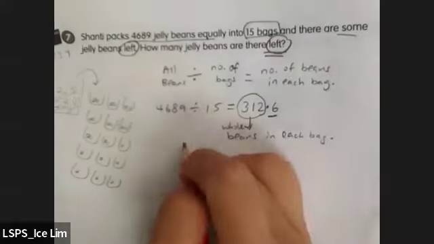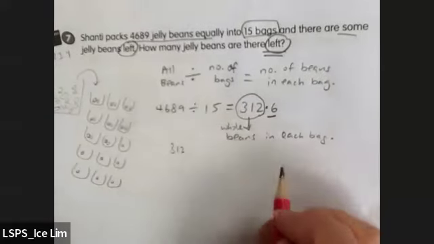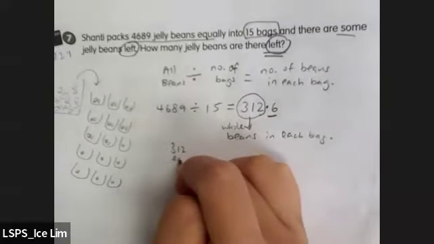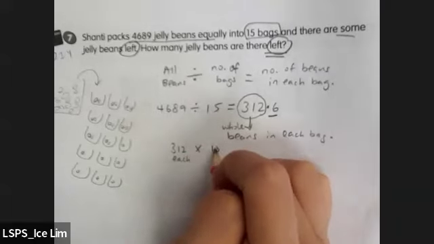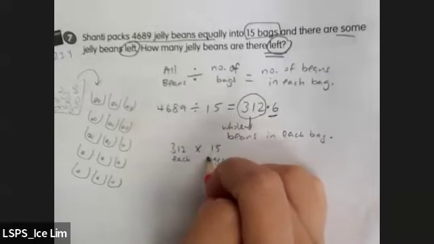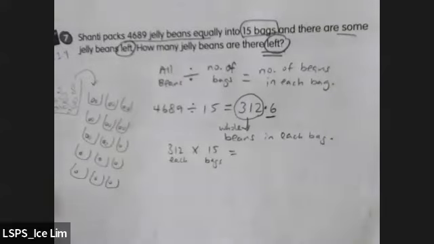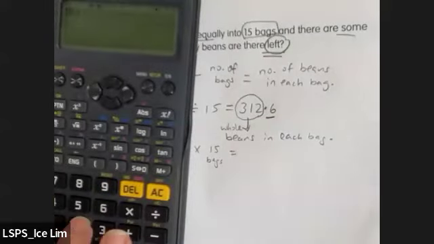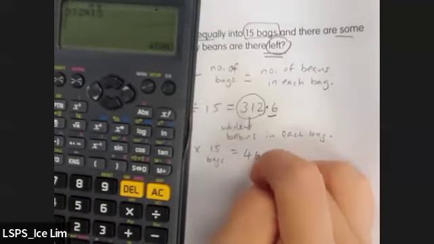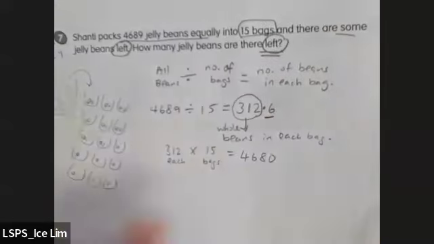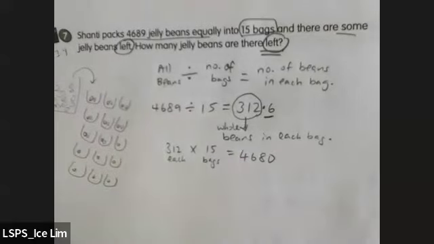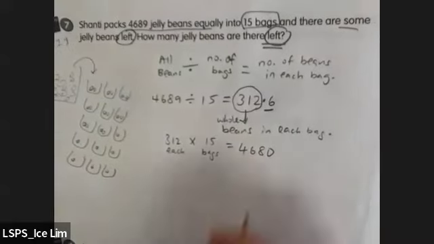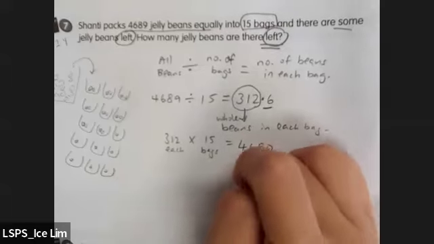If I take the 312 beans multiplied by the 15 bags, I should get 312 times 15, 4,680. What does the 4,680 mean? Yes, the actual beans that we use.